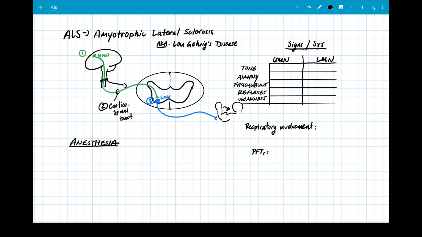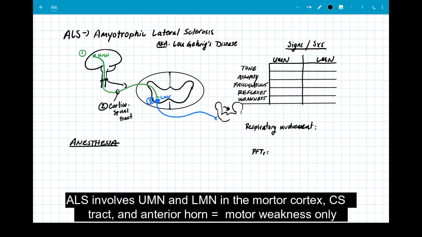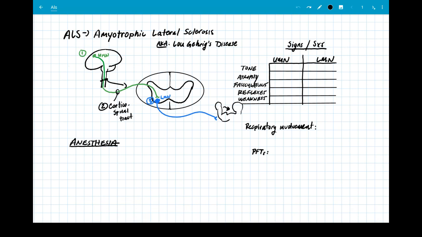This disease also can affect the lower motor neurons in the anterior horn, which eventually synapse to cause muscle contraction. This disease is specific for upper motor neurons and lower motor neurons that are involved in muscle contraction. So patients present with muscle weakness, but typically sensation is intact.